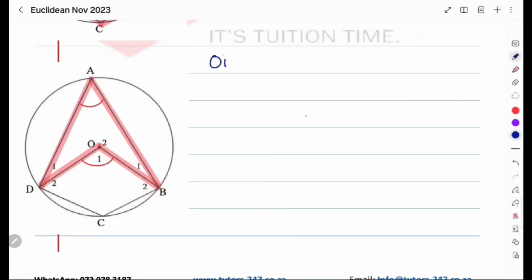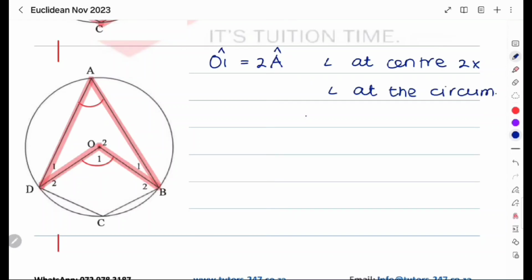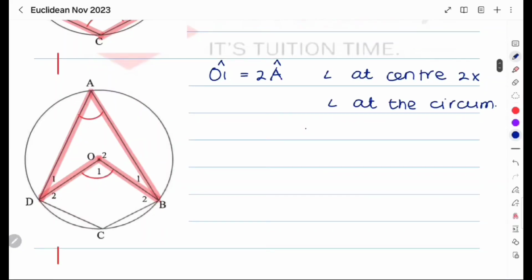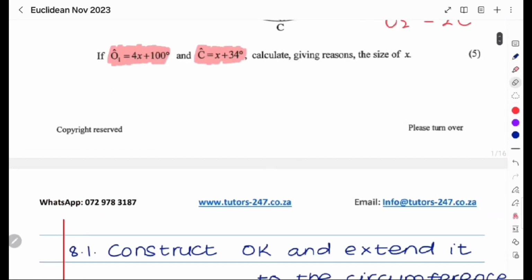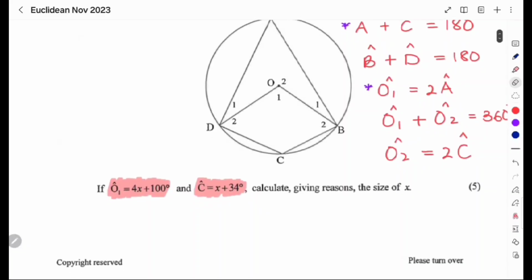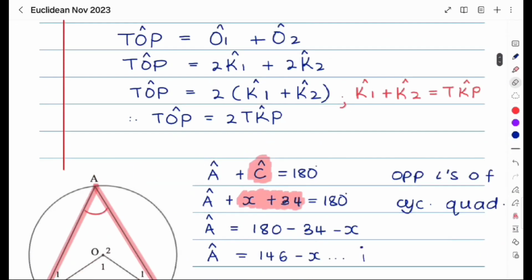So the angle O1 is equal to 2 times the angle A. Our reason is angle at center is 2 times the angle at the circumference. From here, let us substitute. So we know that the angle O1, let us just go and identify what is the angle O1. It is 4x plus 100.